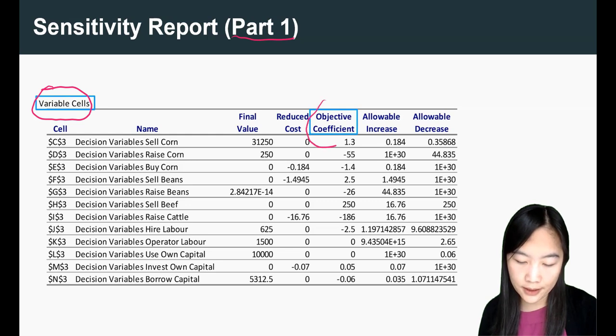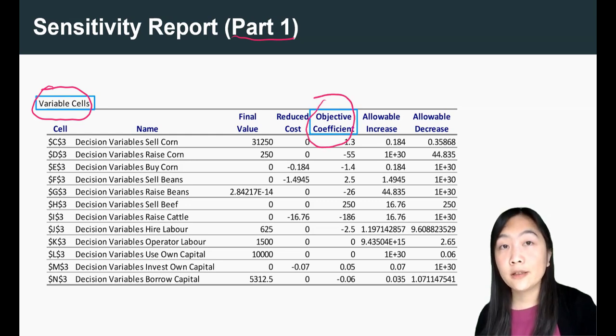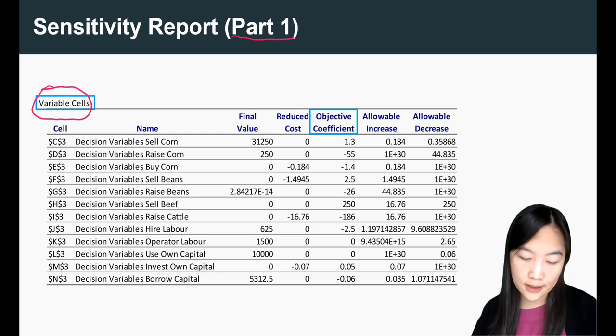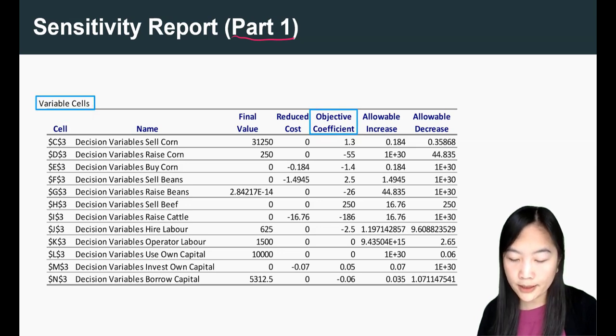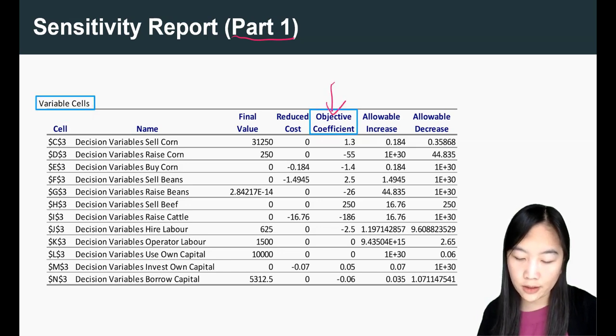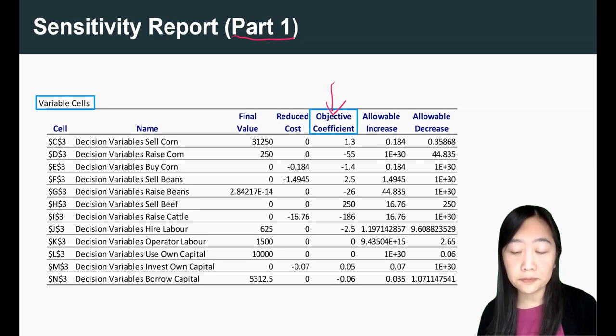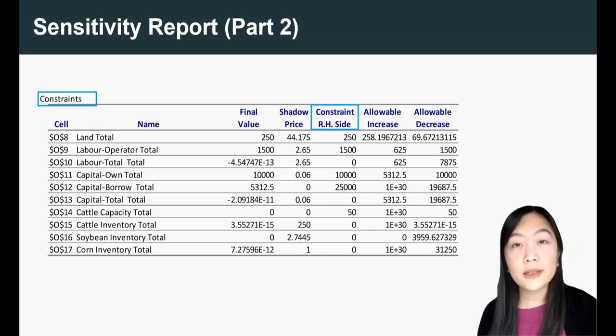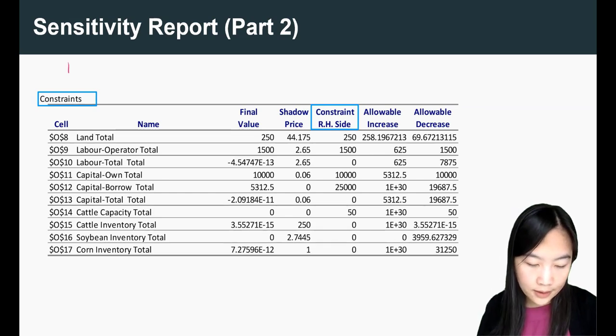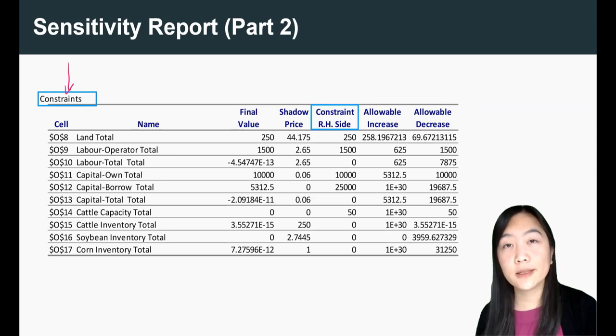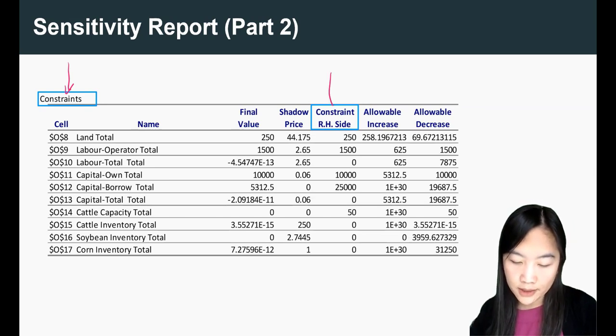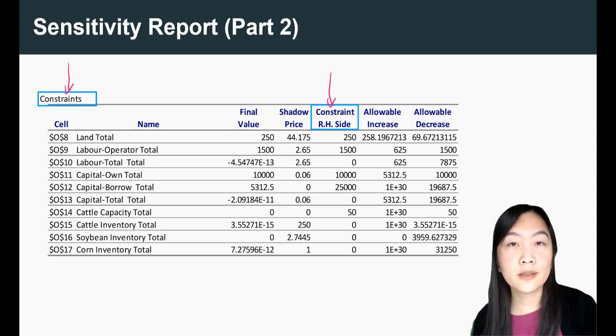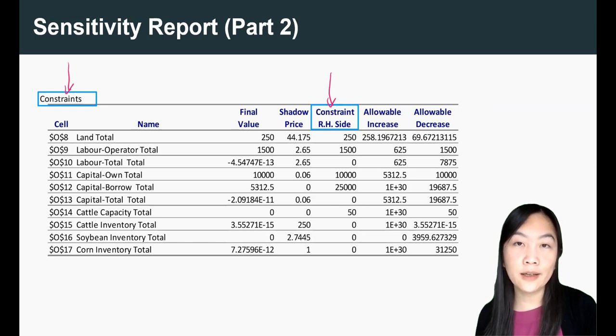And if you pay enough attention, you will notice that in the variable cells, it is reporting the objective coefficients. And there's another part of the sensitivity report, which I call part two. This time it is about constraints. And the name there is different. It's called constraints, RH side, which means right-hand side.